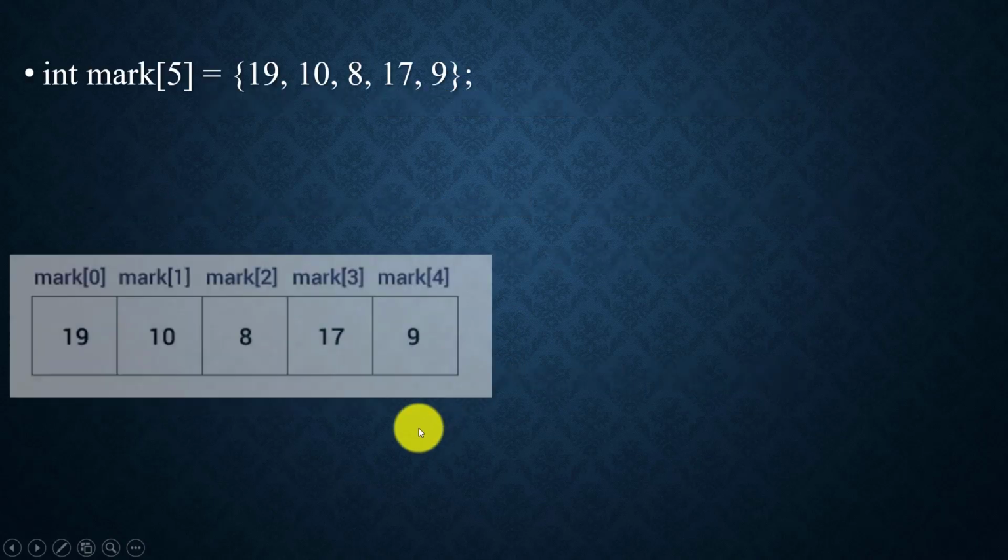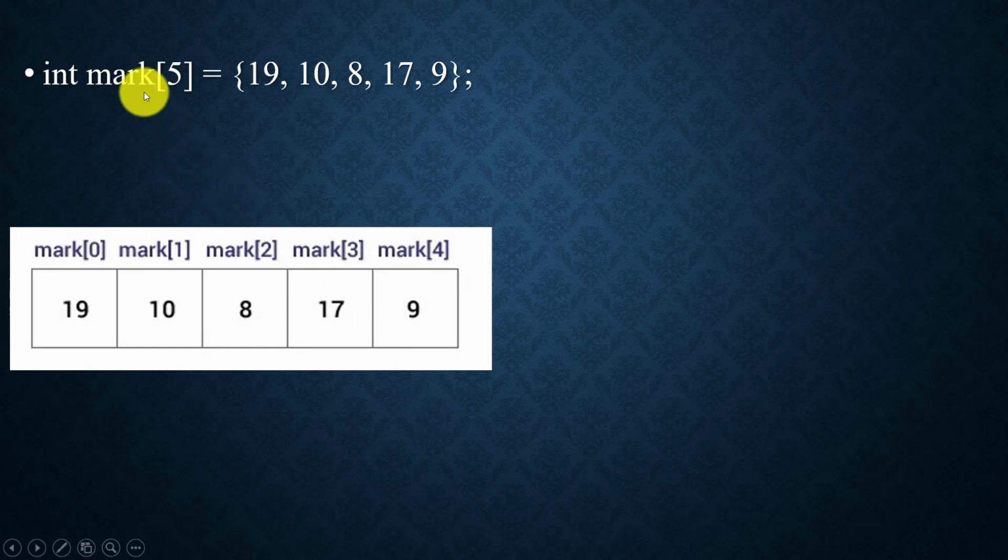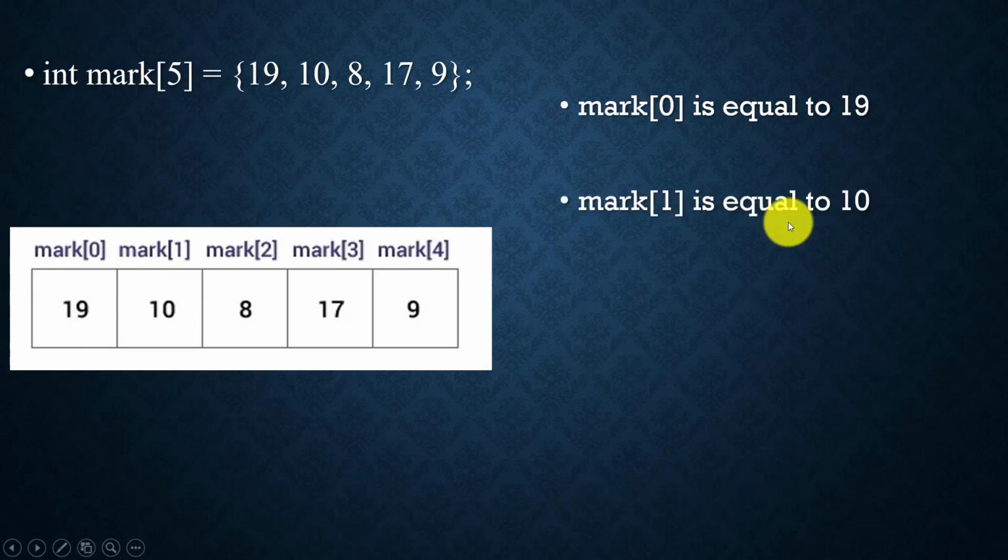Now let's understand this with an example. This is the marks array of 5 blocks, and it always starts with index 0 and the last index is nothing but 4. As it starts with 0 and the last is 4, it has 5 total elements or 5 total blocks. Now the first position, index 0, is holding the element 19.